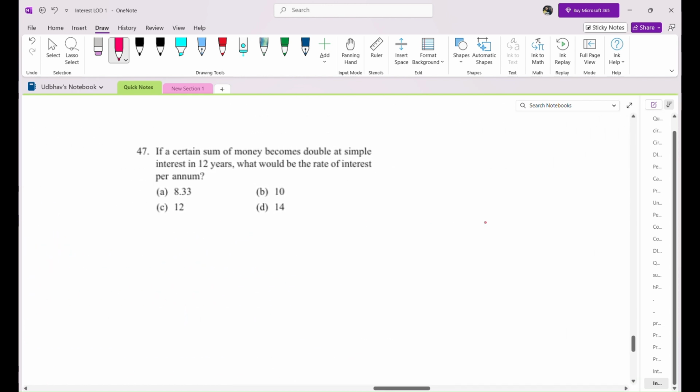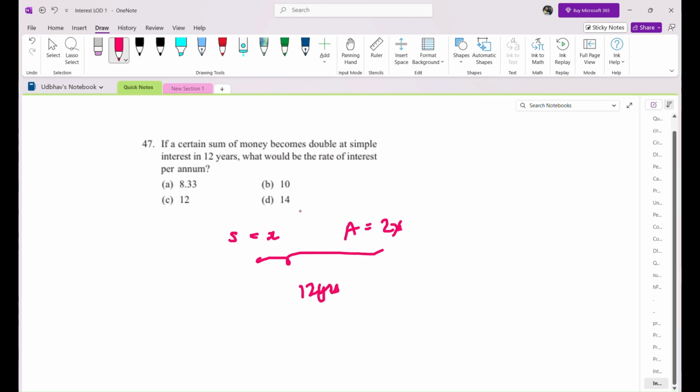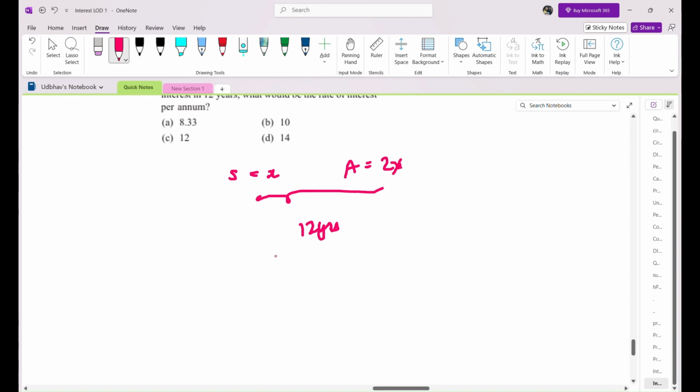If a certain sum of money becomes double at simple interest in 12 years, what would be the rate of interest? The sum was x, it became double in 12 years. The amount is 2x, the principal is x, so the interest will be 2x minus x, which equals x.